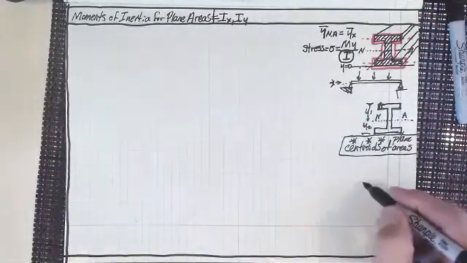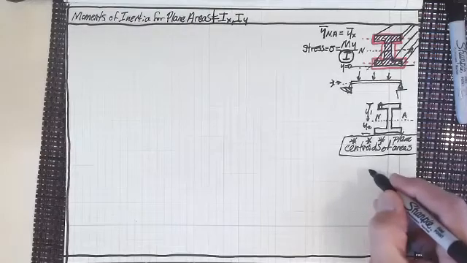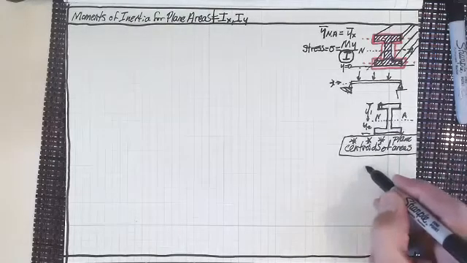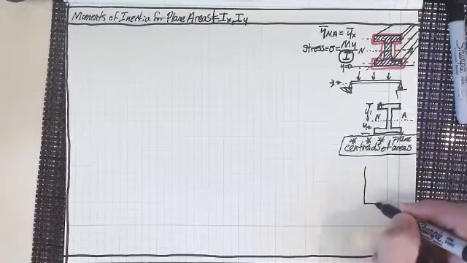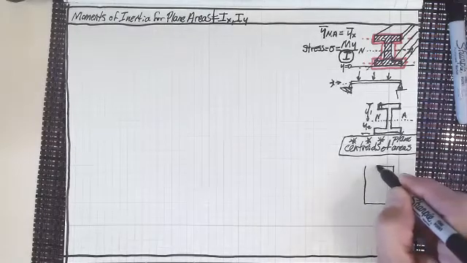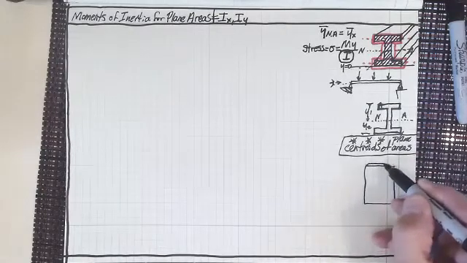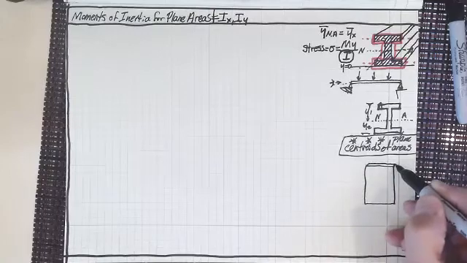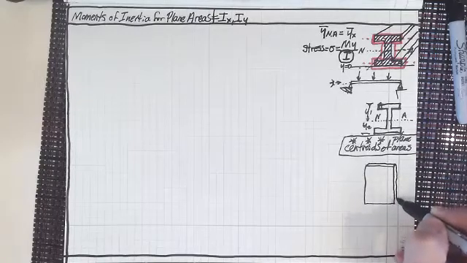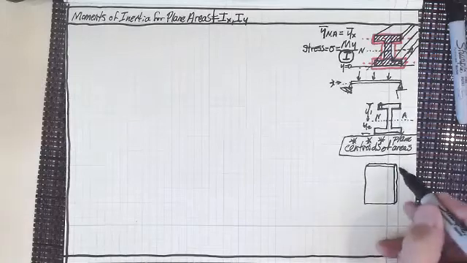Now, here's one thing that we know. If we were to look at any cross-section, let's just take a cross-section of a rectangle, right? I'm going to take that rectangle.